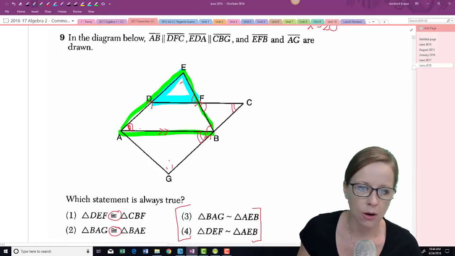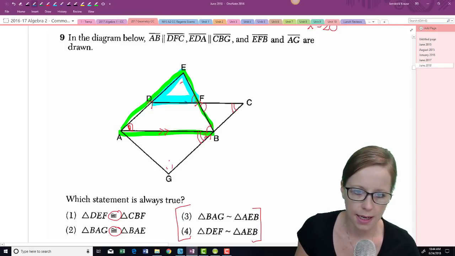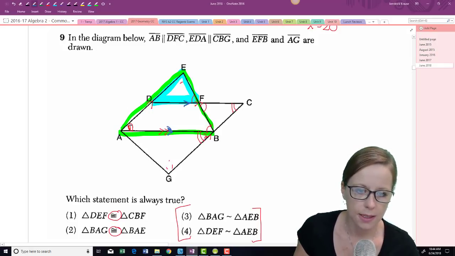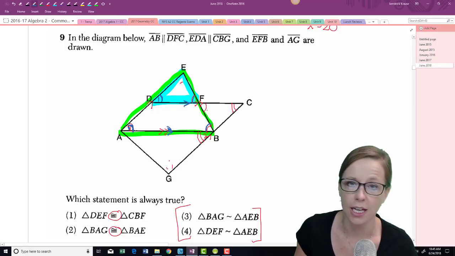So right now we know we've got parallel sides, and we know that this side is parallel to this side. So this is a mid-segment. So this angle at A, angle 1 from before, is congruent to this angle at D. And we know that this angle at F is congruent to this angle at B. We have angle similarity. So it's got to be choice 4.